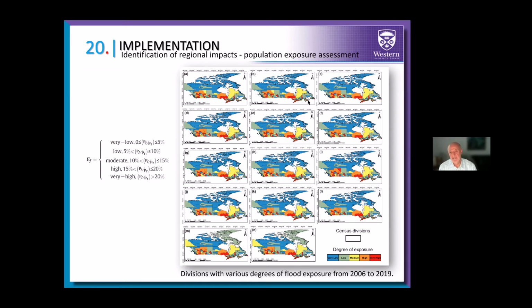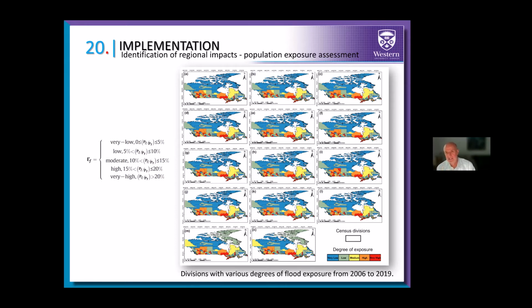What you see here are 14 years, because the population data is annual. For these 14 years, we did a comparison. The red color shows the areas where the population is highly affected by flooding, and blue areas show less or very low impact of flooding.